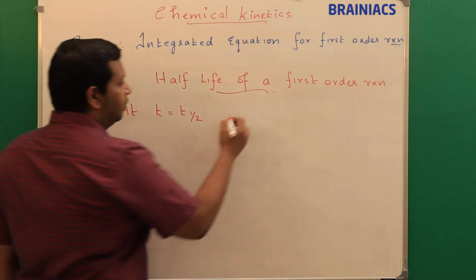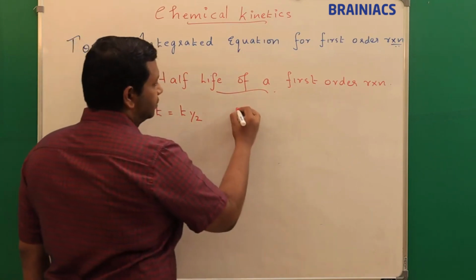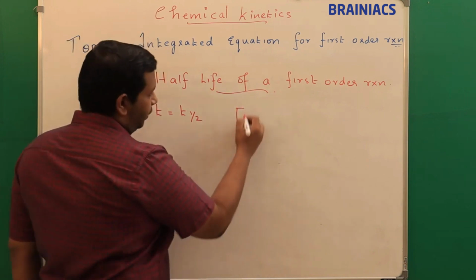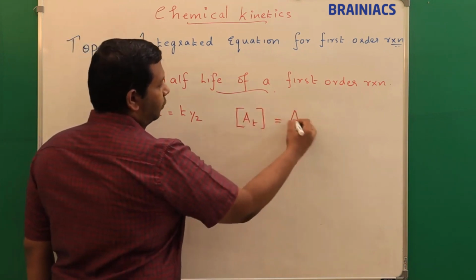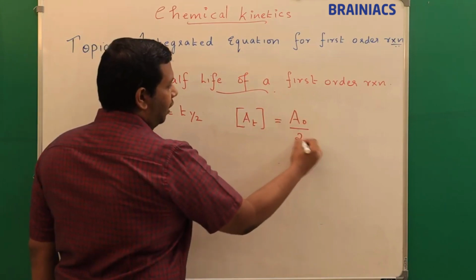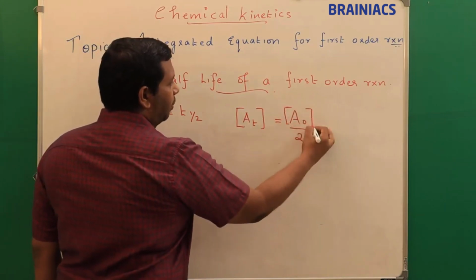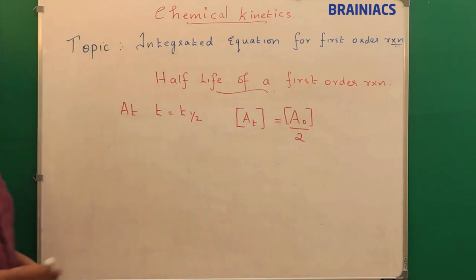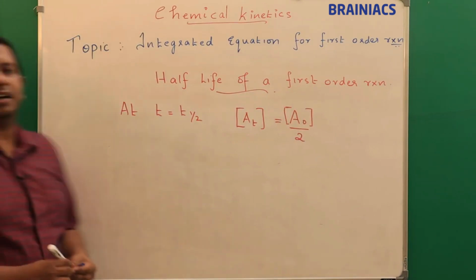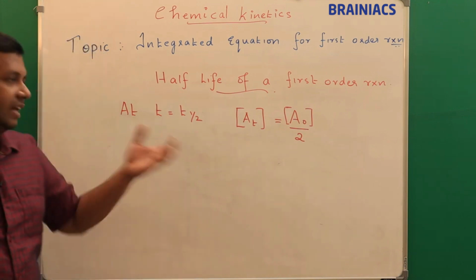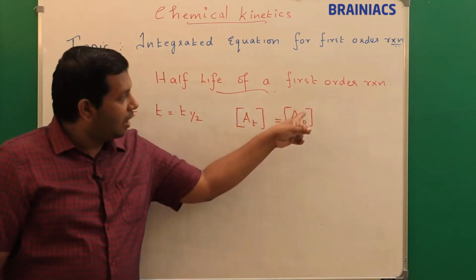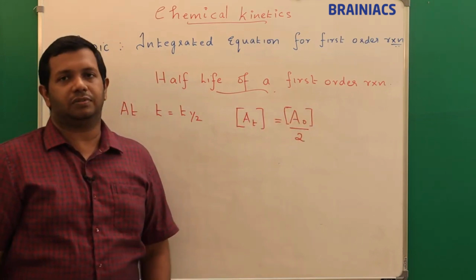So A of t will become what? What was the initial concentration? It is half, A of 0 by 2. So at time t is equal to t half, t half is that time which is required for the reactants to become half of the initial concentration.